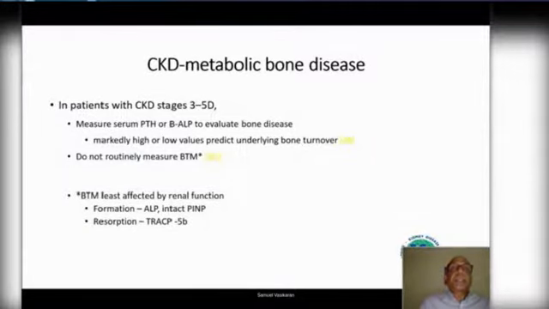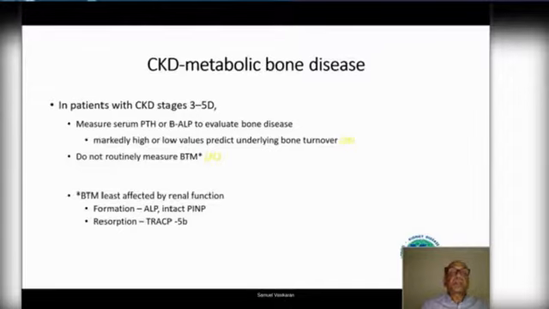I'll move on to CKD-MBD, just to say that the reference bone markers I mentioned are really for osteoporosis. For CKD-MBD monitoring, PTH with or without bone alkaline phosphatase is used to evaluate bone turnover.